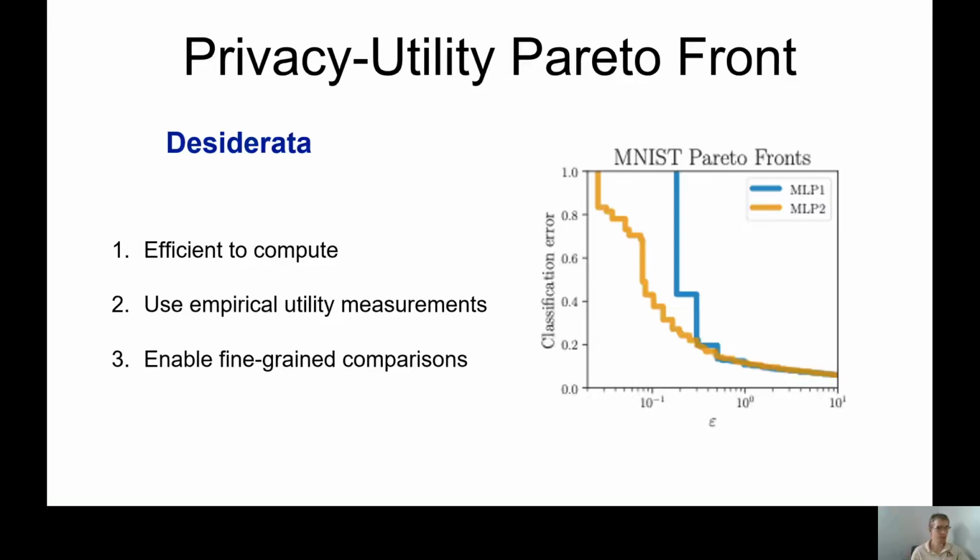So basically, what we want to have is a sort of Pareto front that tells us that for a given algorithm or a given model, what is the best accuracy we can get for a set epsilon. And ideally, if you choose a point on this plot, you can even see what the hyperparameters are that gave you this trade-off.